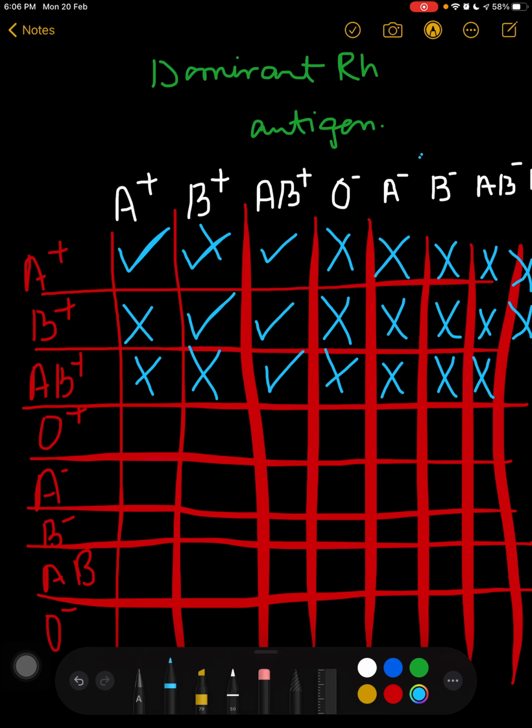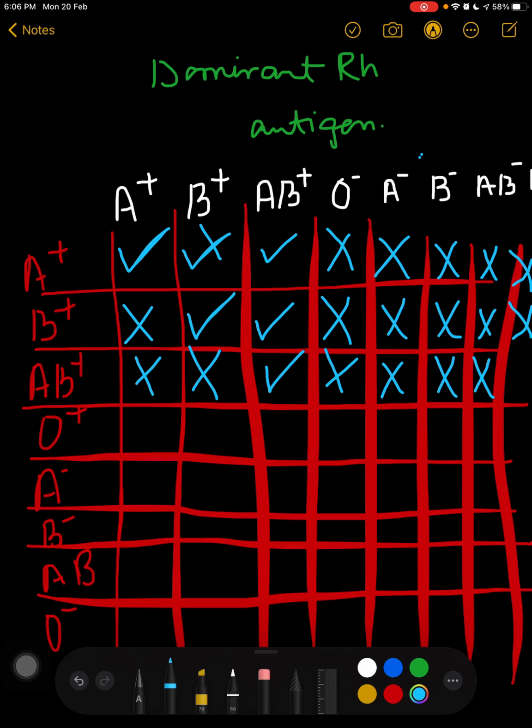Let's talk about O positive. Can O positive give blood to A? Basically A has antibody against B, but this O has antibody against A and B, so I guess it can't. So basically it can give. This A has antibody against B, so it doesn't have any kind of antigen, so it can give.